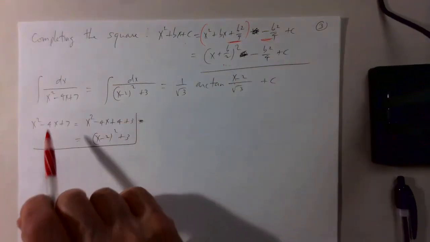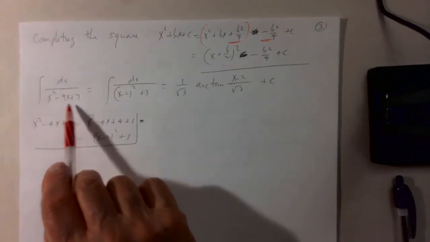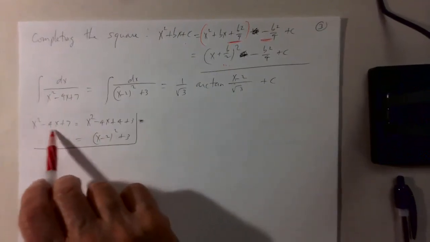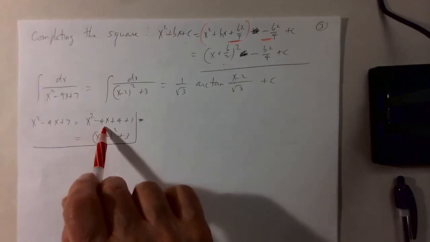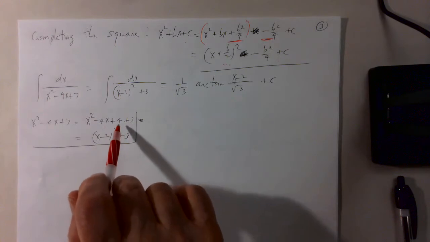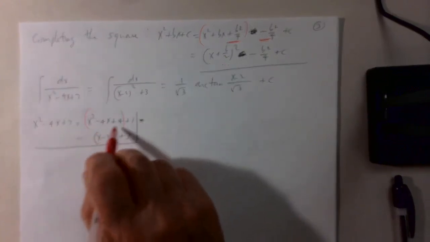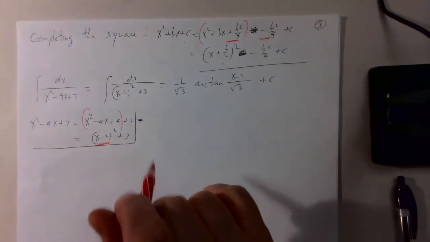So here's an example. I have the integral of 1 over x squared minus 4x plus 7. I complete the square. X squared minus 4x plus 7, that's x squared minus 4x plus 4 plus 3. Why 4 plus 3? Well, 4 plus 3 is 7, and x squared minus 4x plus 4 is x minus 2 squared.